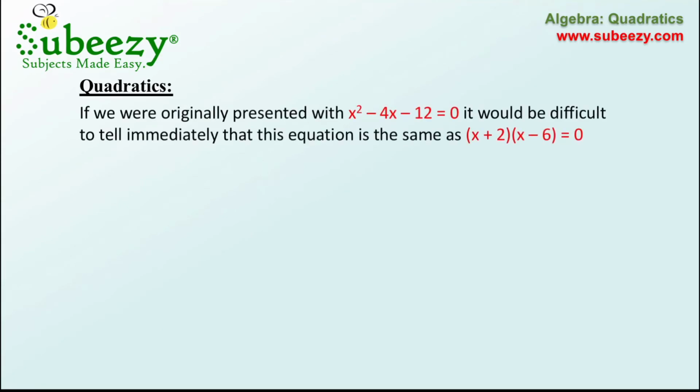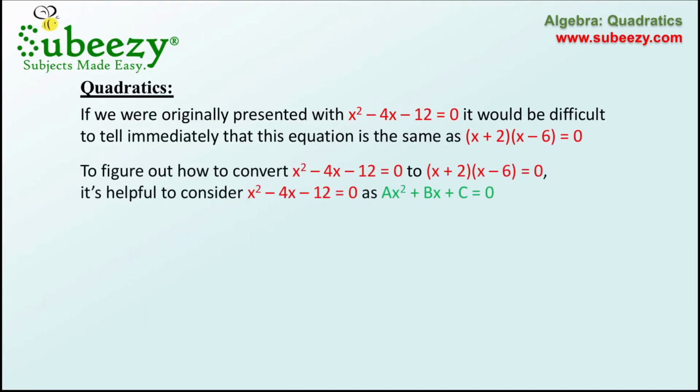If we were originally presented with this equation, x squared minus 4x minus 12 is equal to 0, it would be difficult to tell immediately that this equation is the same as the quantity x plus 2 times the quantity x minus 6 is equal to 0.